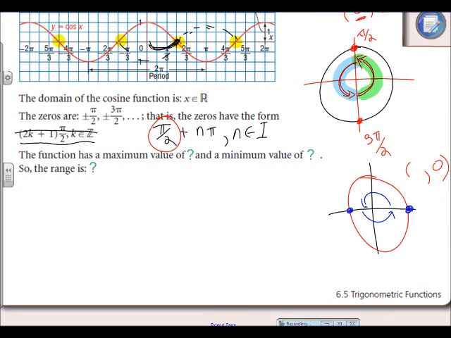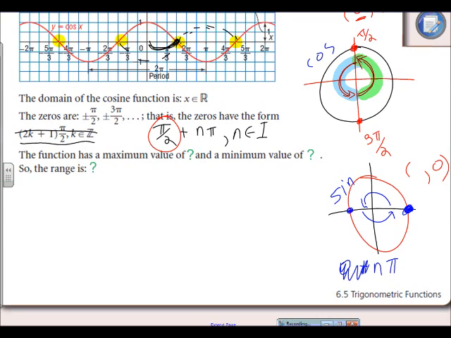So the sine's zeros, this one's for sine, this one was for cos. Sine had its zeros at 0 plus any multiple of pi. Oh, we don't have to say 0 plus, and that's why the other one was just n pi.